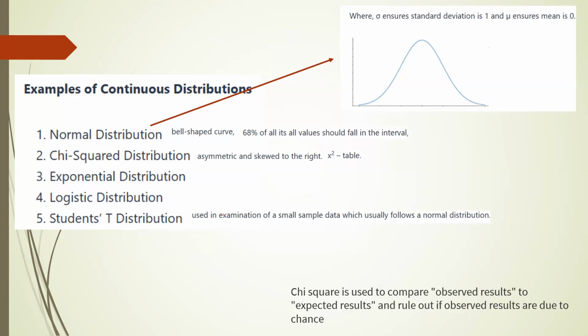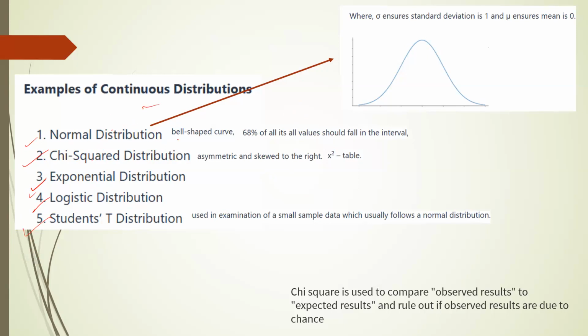The commonest distribution is the bell-shaped curve. Other examples of continuous distribution are chi-square, exponential, logistic, and student's t distribution, where you get a smooth curve.